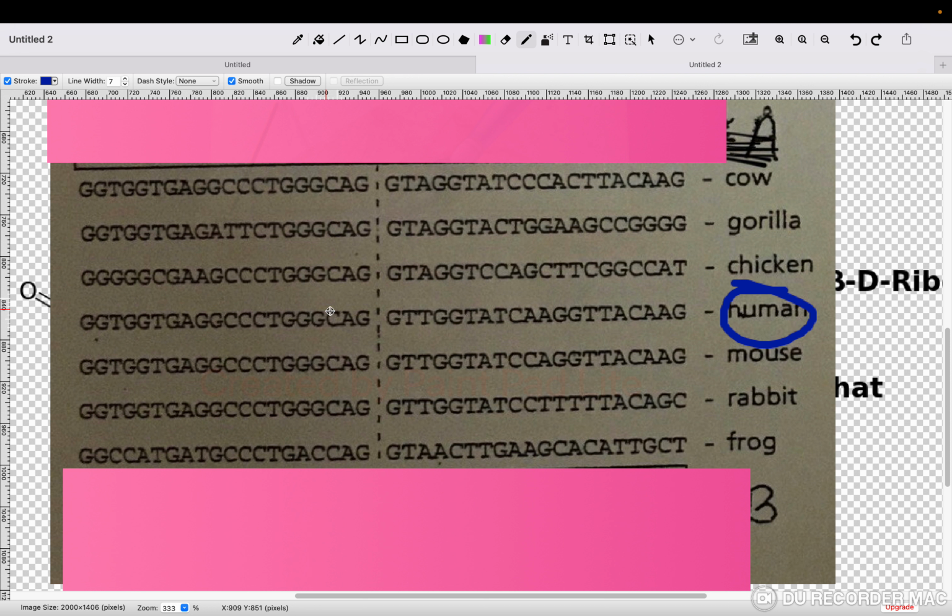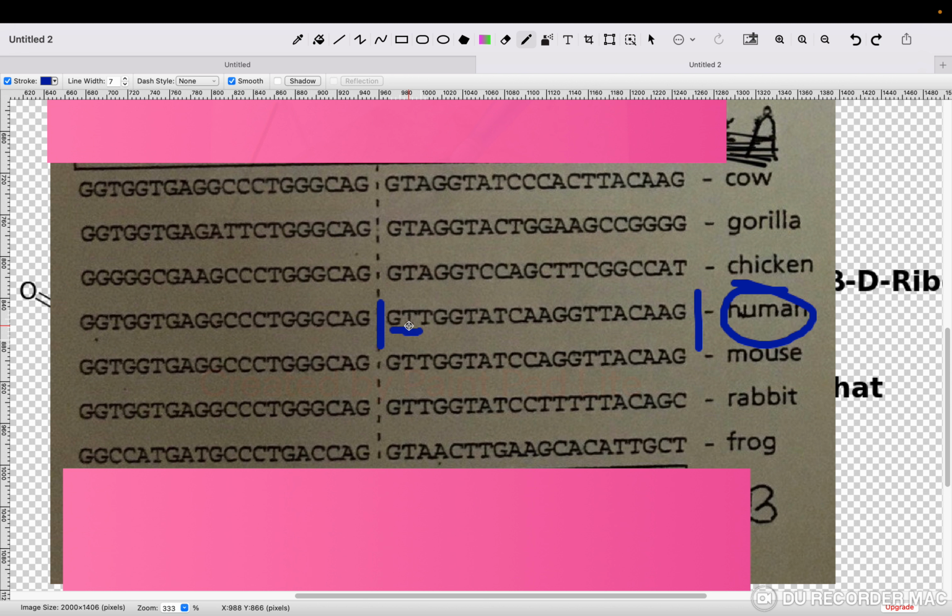So if we start looking at this one, let's do it. What should the sequence start with? G. But I told you GT, two letters, GT. Now I need to look for an AG. It starts with a GT and ends with an AG.